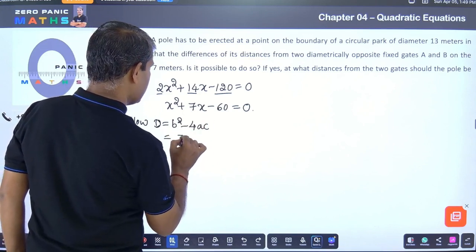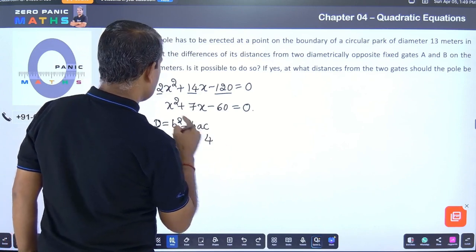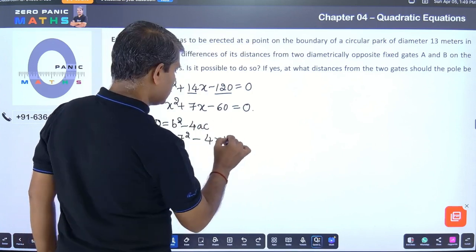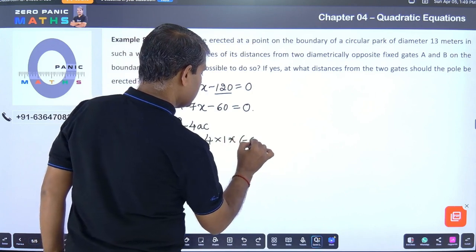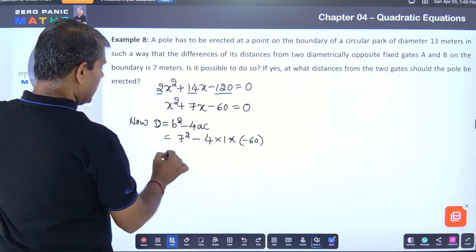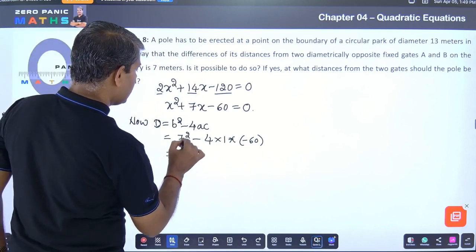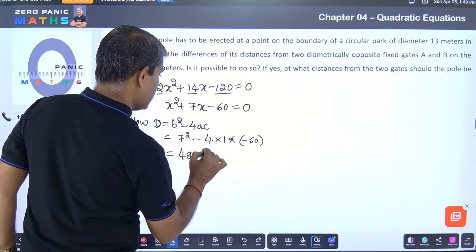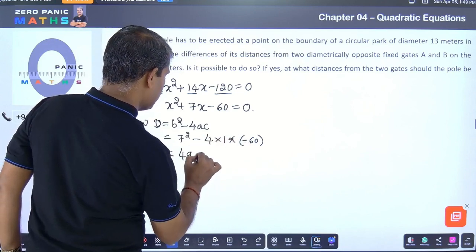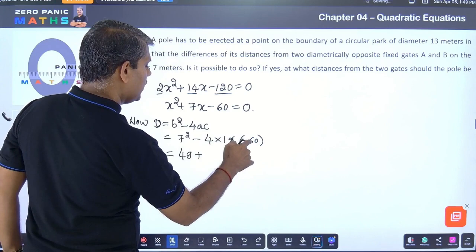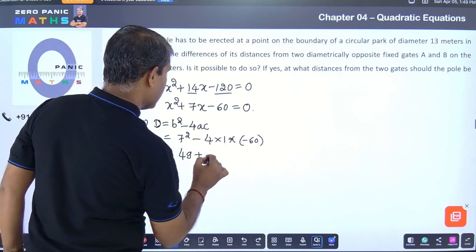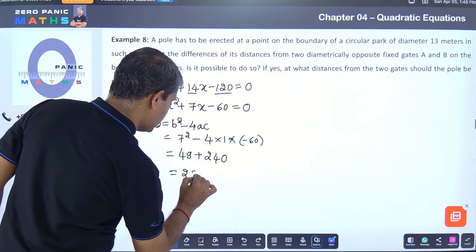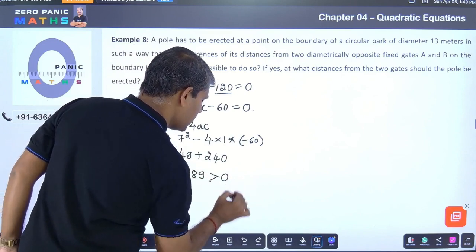It is 7 square, minus 4, where a is 1 and c is minus 60, multiplied by minus 60. So 7 square is 49, minus into minus is plus, 4 into 60 is 240, and that gives 289, which is greater than 0.